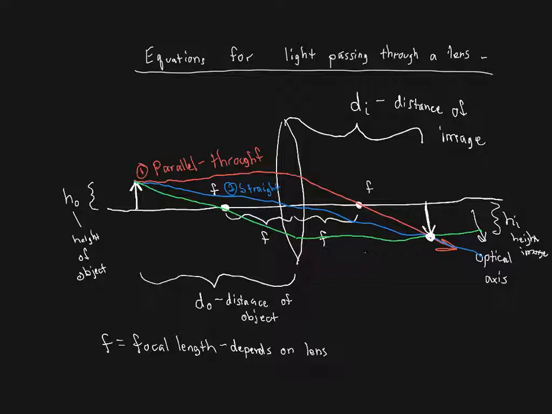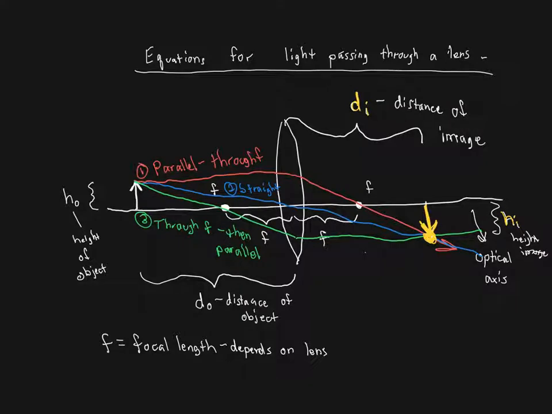And then we had our third ray, which goes through the focal point and then parallel, to find where all these rays intersected. They all intersected on the opposite side. We drew a line from our optical axis down to represent the height of the image at a distance DI, the distance of the image.